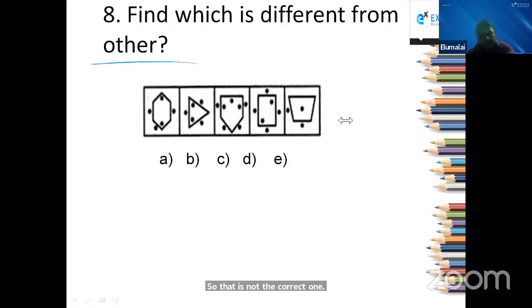No, that is not the correct option. Correct logic. Right. I'll give you again 30 seconds.